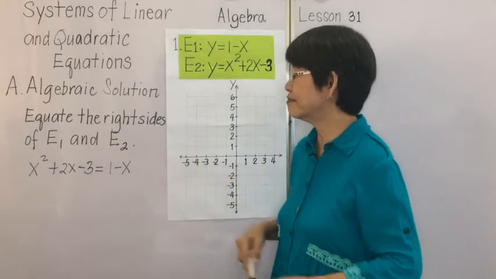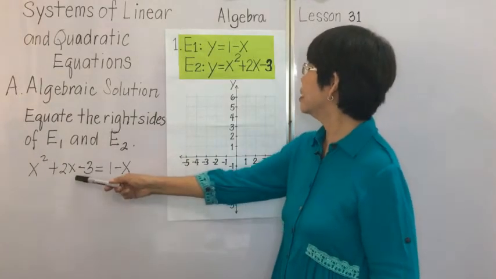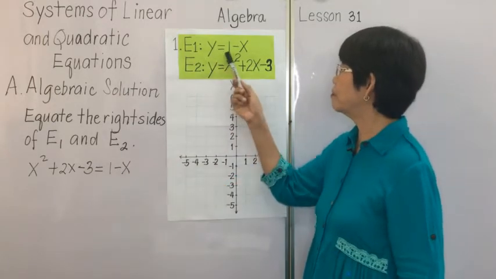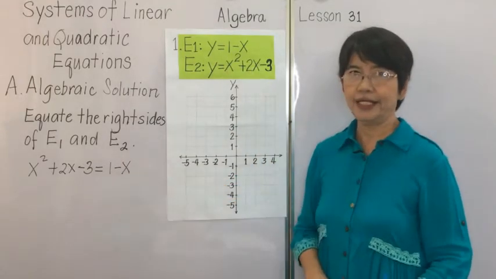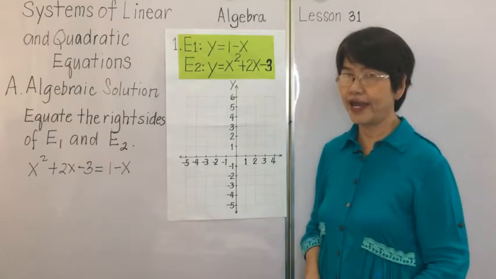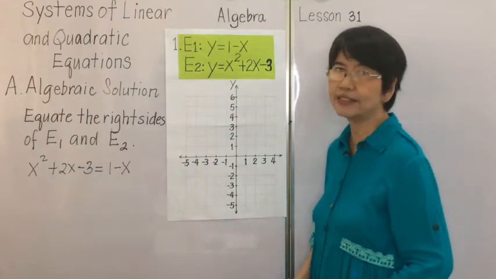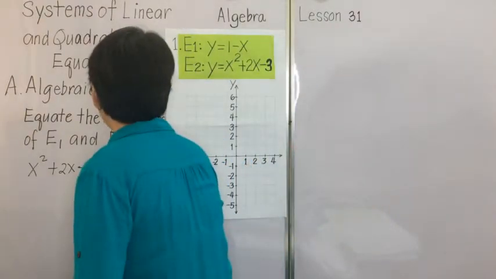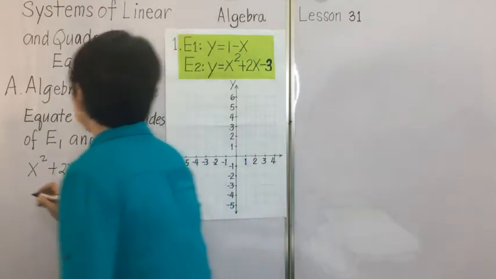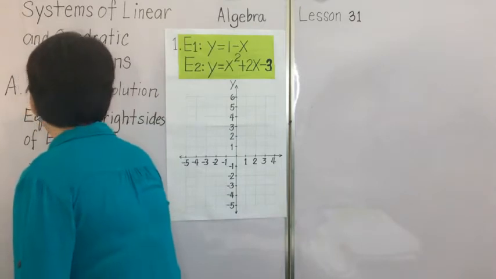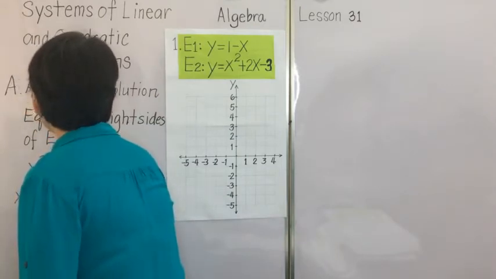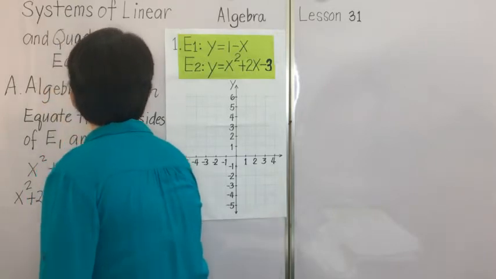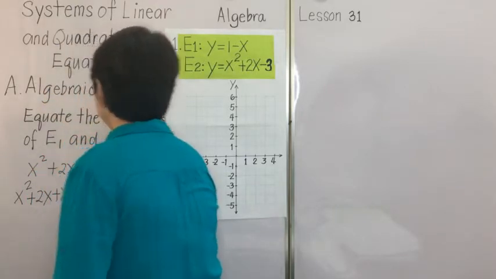Equating the right sides of the equation, we have x squared plus 2x minus 3 is equal to 1 minus x. And then we will solve for x by setting the right side of the equation to 0. x squared plus 2x plus x minus 3 minus 1.